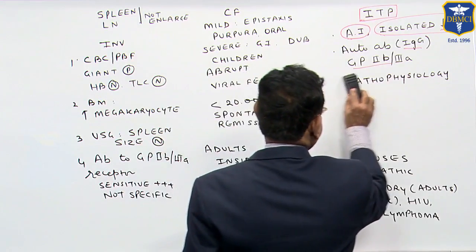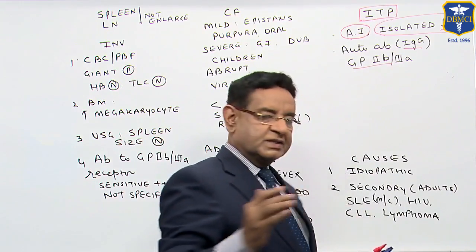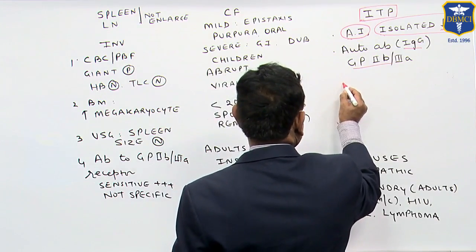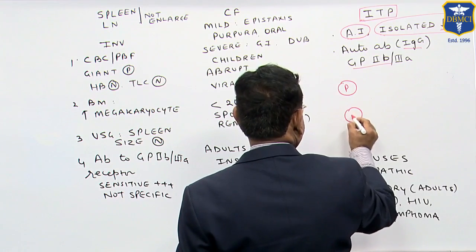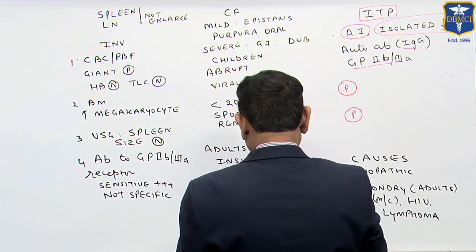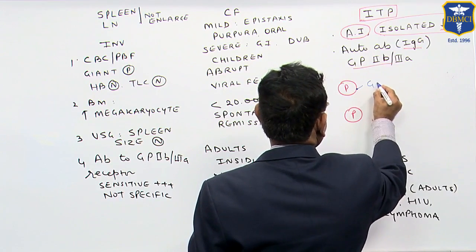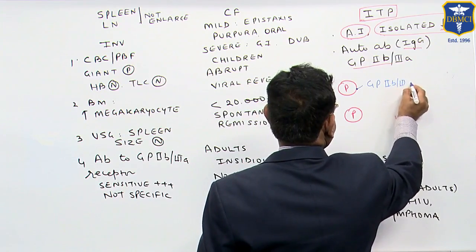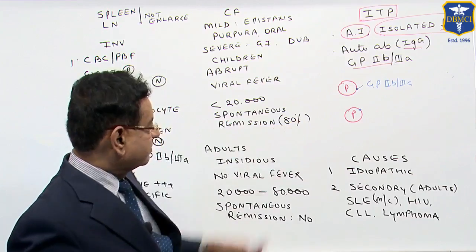So in the pathophysiology, first of all we'll see what happened in a normal platelet. This is one platelet, P platelet. We have another P platelet. And we have GP2B3A receptor, GP2B3A receptor here also.